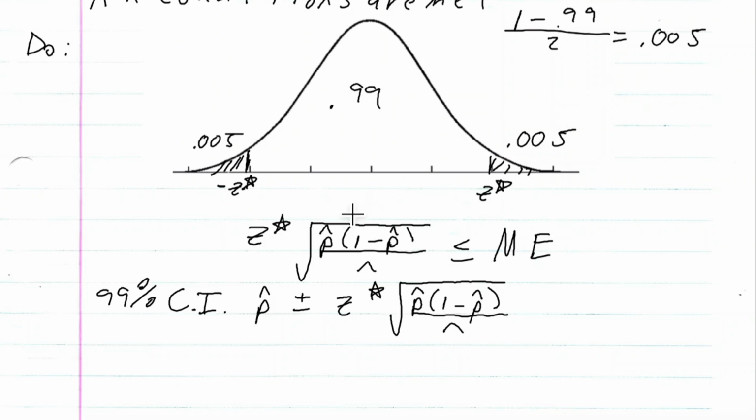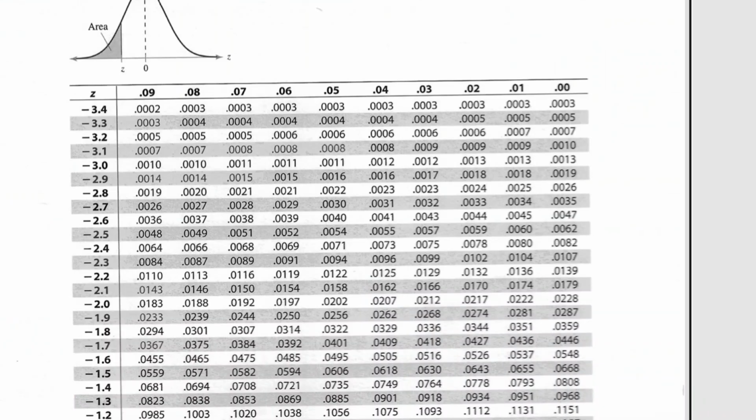All right, so what we do is we go to our table. We try to find the z-score that aligns with the probability 0.005. So I see here 0.0049 and here 0.0051. And that aligns with the z-scores negative 2.58 and negative 2.57.